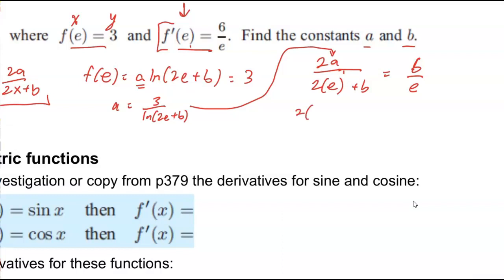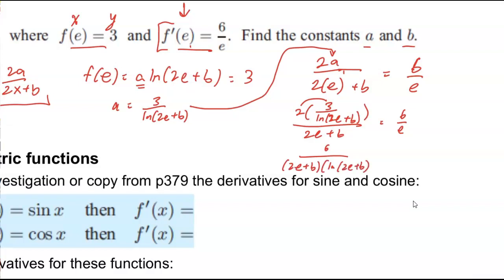So 2 times 3 over natural log of 2e plus b, all over 2e plus b. And let me simplify this fraction. I'm going to have 6 on top because 2 times 3 is 6. 2e plus b and natural log of 2e plus b are both in the denominator.